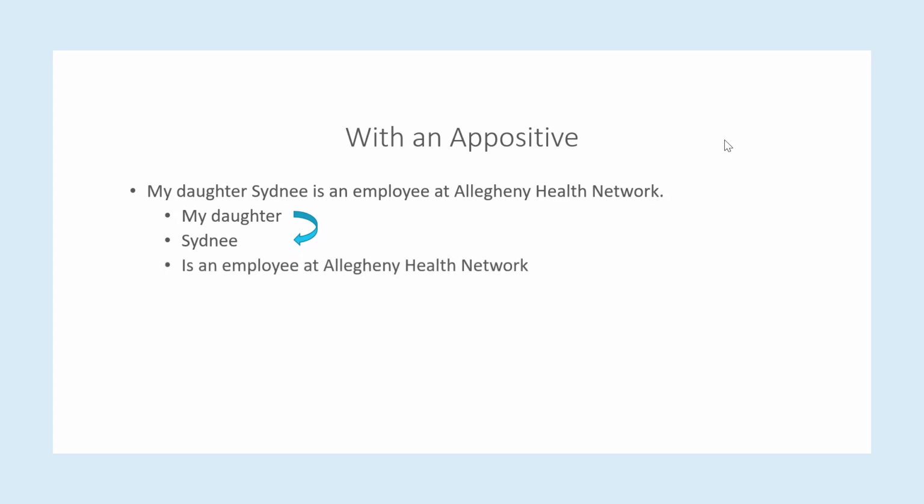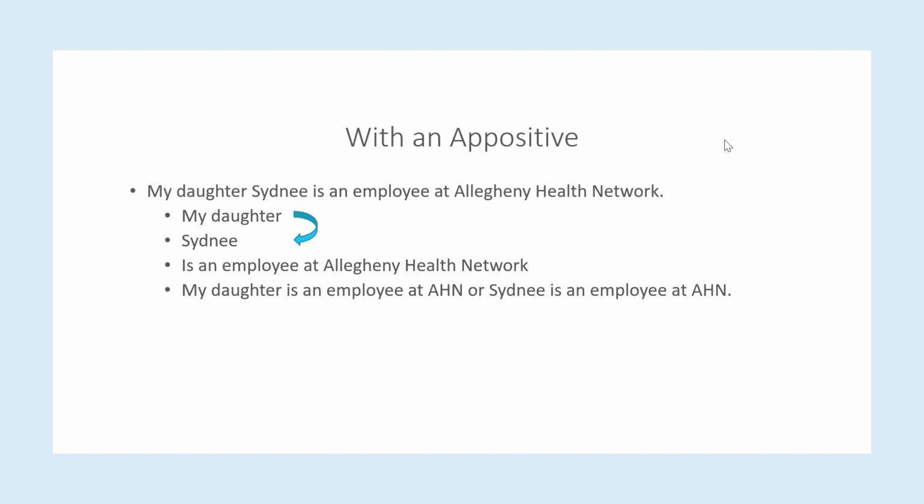So what I have done is I have taken this sentence to make it clear. I could say my daughter is an employee at Allegheny Health Network, or Sydney is an employee at Allegheny Health Network. Either one is absolutely correct.